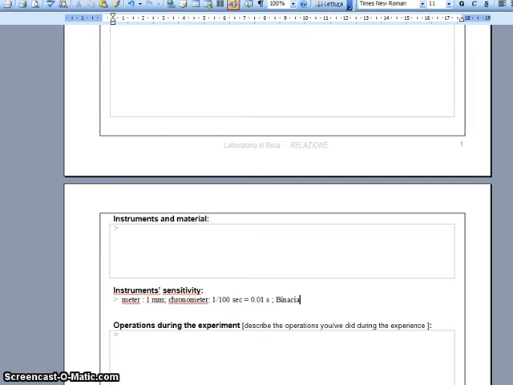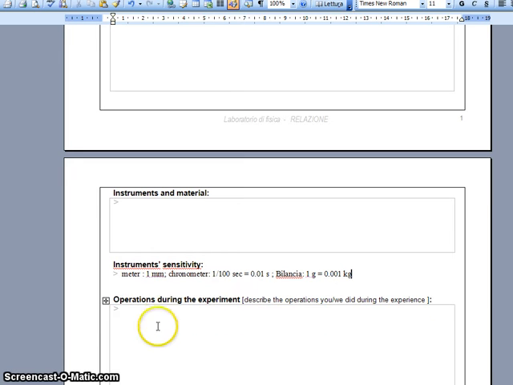In Italian, bilancia, I don't know what the English name is. Our bilancia had a sensitivity of 1 gram, I mean 0.001 kilograms. Okay, now we have to describe the operations performed during the experiment.